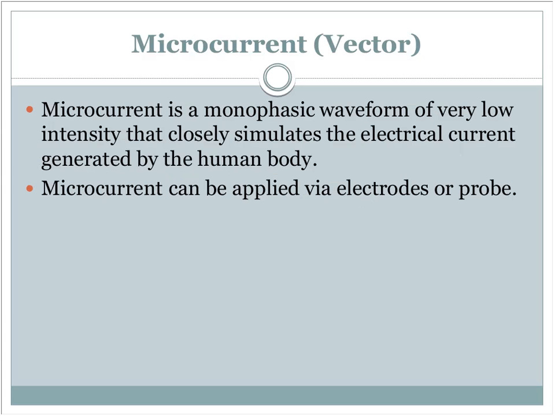Things respond, obviously, to the body's natural current. Things like mitochondria, which are the powerhouse in the cells, produce more energy. There's more energy for the body to heal. So that's the theory about how this works. So microcurrent can work very well.